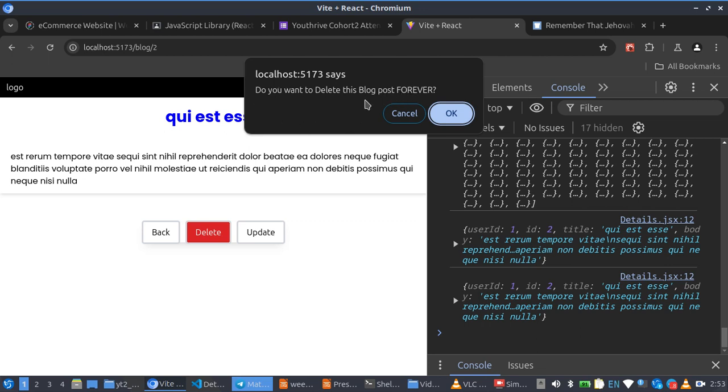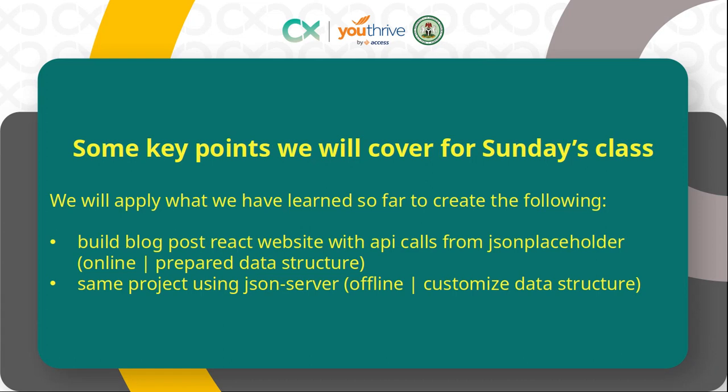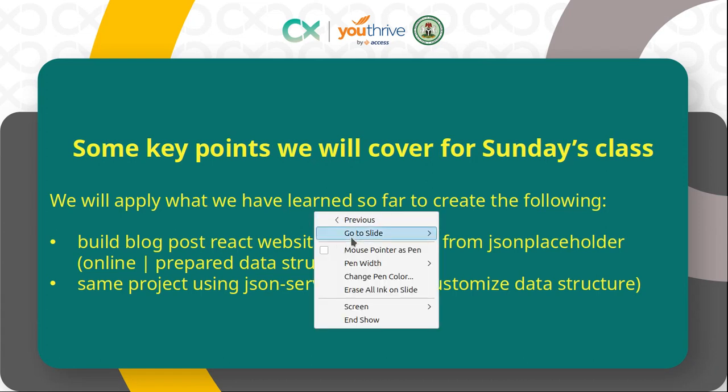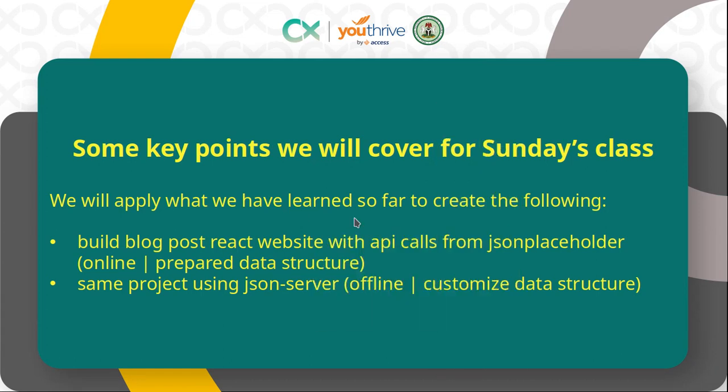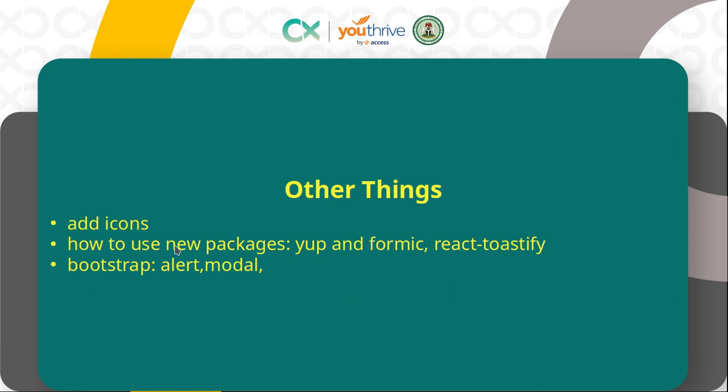Remember, if I go back to the previous slide, I said there are some things we'll learn how to build with React: Bootstrap, alert, and modal. I can decide to use Bootstrap, and I'll show you two of them, how to use Bootstrap or how to use Material UI.